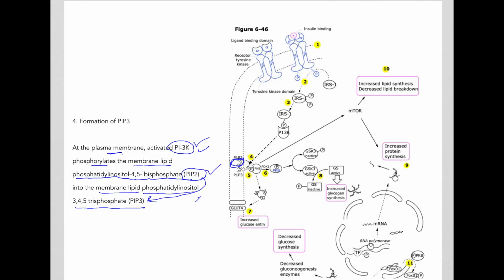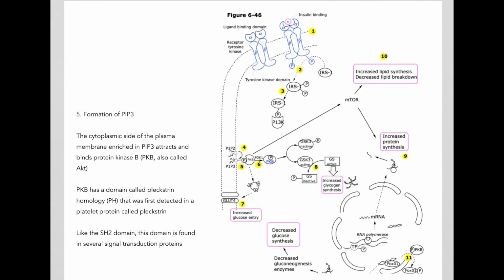So from 2 phosphates, we have 3 phosphates. Okay, so PIP2 will be converted to PIP3 by PI3K. So now we have a lot of PIP3 in this part of the membrane.